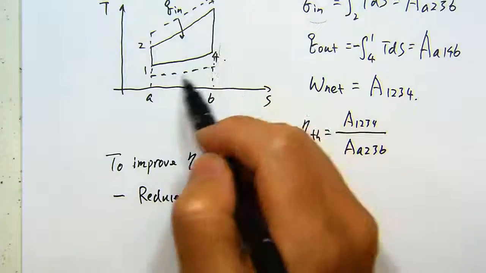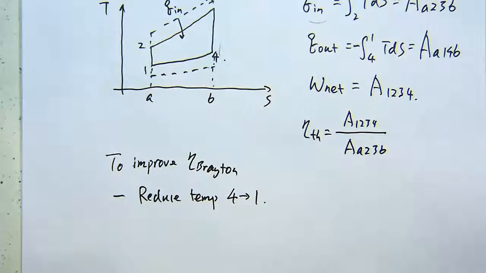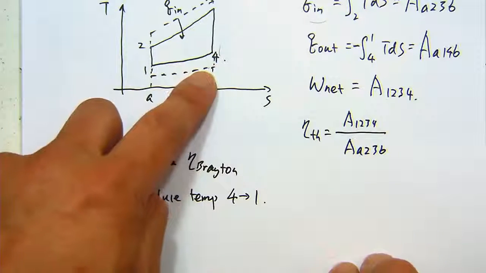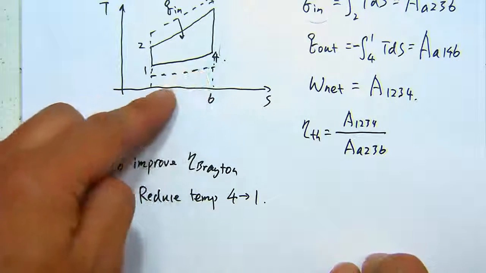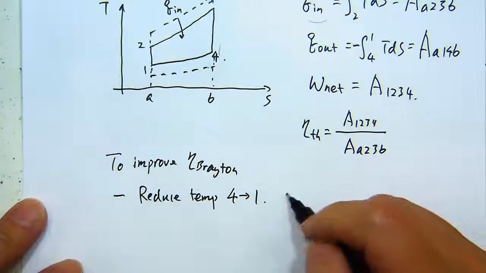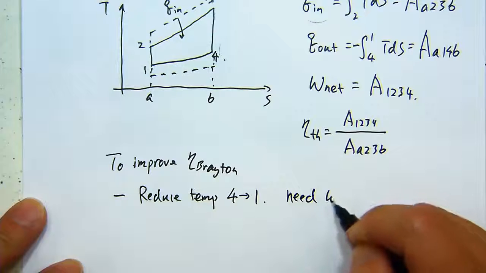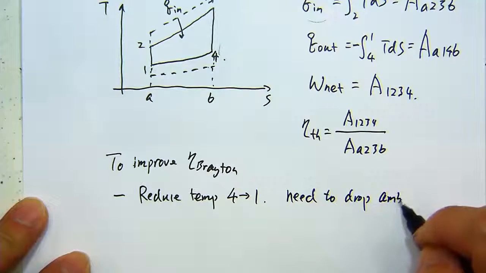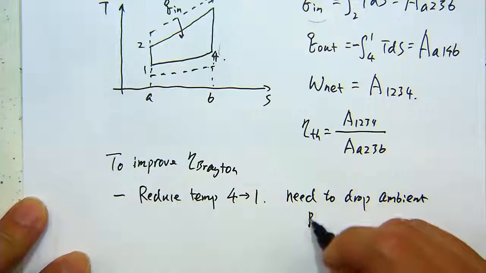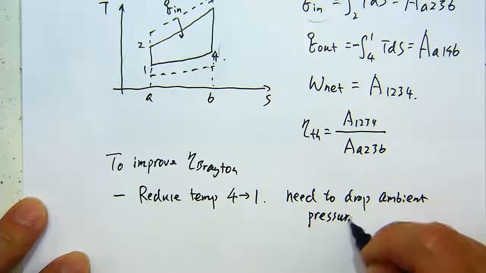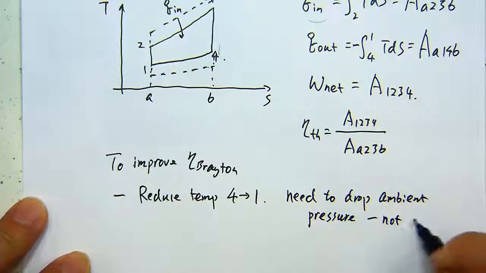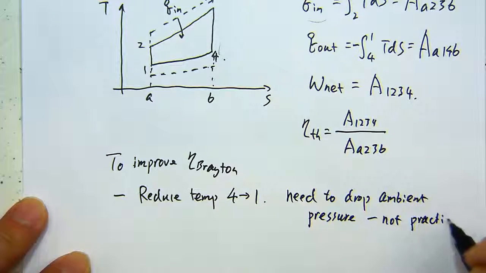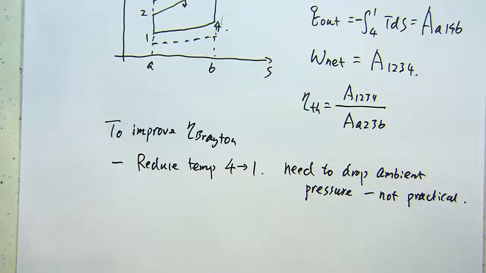Dropping the pressure means you need to drop the ambient pressure, which is not really practical. So you wouldn't be able to drop this line very much.